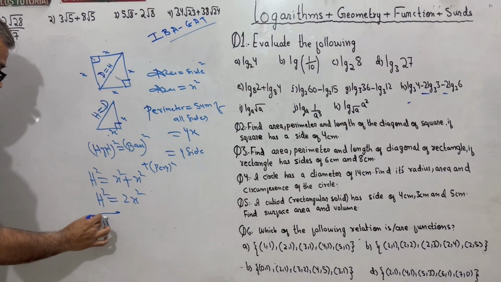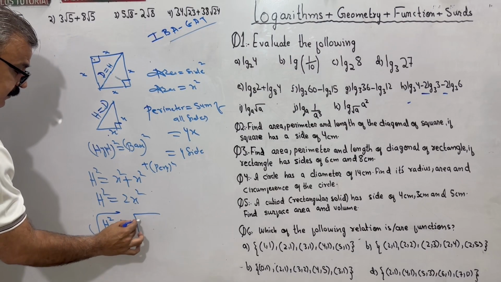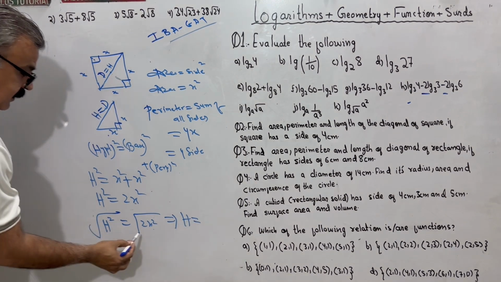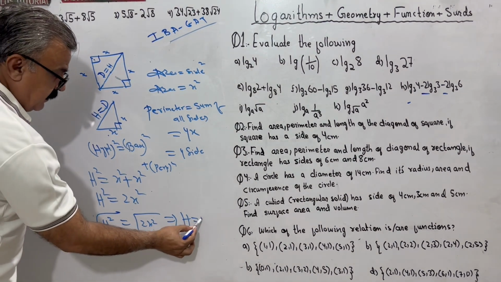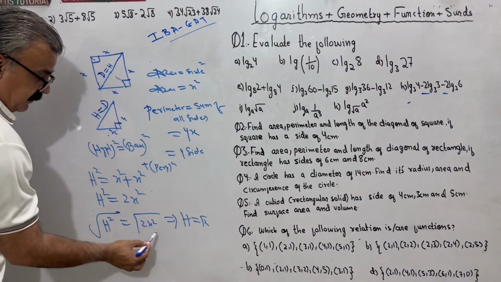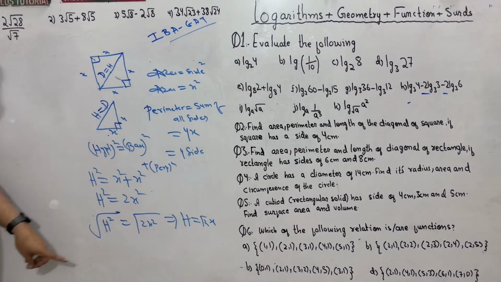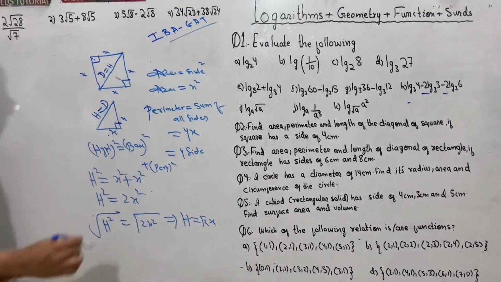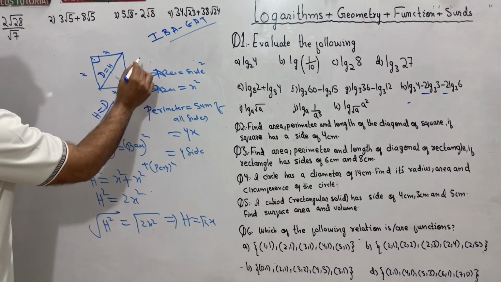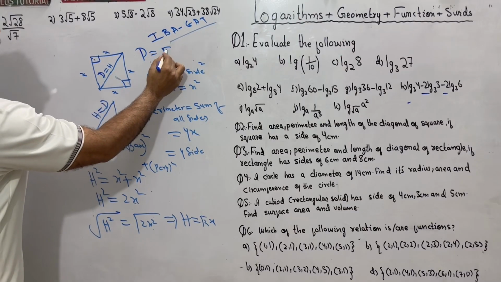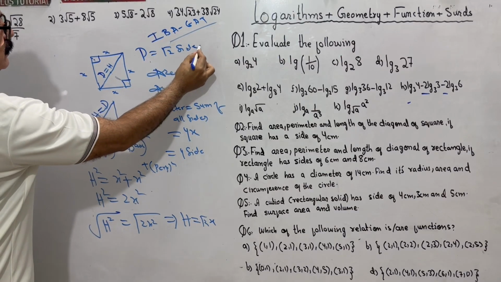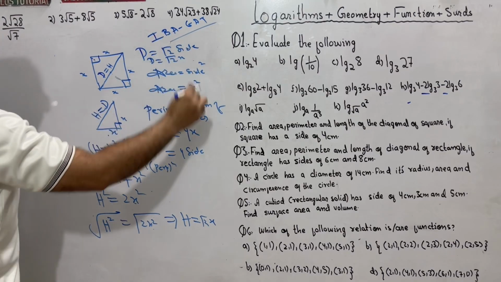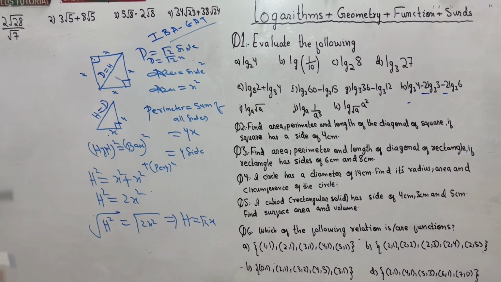Taking the square root on both sides, h is equal to root of 2x squared. 2 is not a perfect square, so it remains under the root, while x squared gives x. So our diagonal is root 2 times the side, or root 2 x.